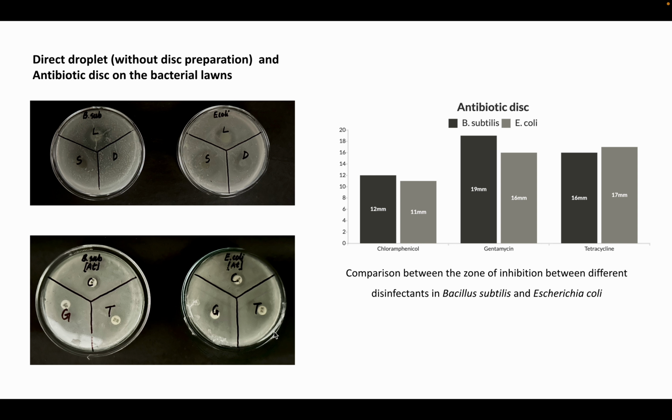So from this given data, we come to the conclusion that gentamicin has the highest zone of inhibition in Bacillus subtilis and partially in E. coli, but the zone of inhibition in E. coli was more in tetracycline, E. coli being a gram negative bacteria. So for gram positive bacteria, the highest inhibition was shown by gentamicin, and for gram negative bacteria, the highest inhibition was shown by tetracycline.